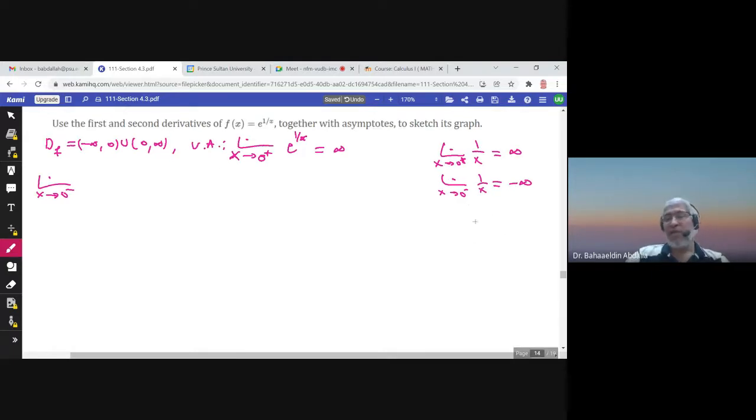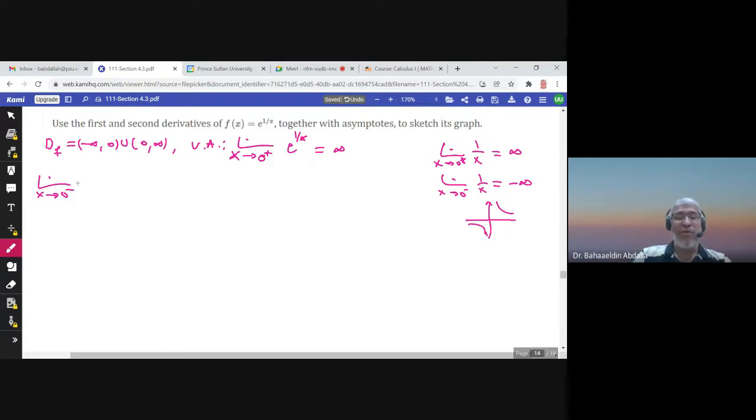And we studied this in the beginning of the course. You know the graph of 1 over x. When you approach 0 from the right, the function goes to infinity. When you approach 0 from the left, the y goes to negative infinity.